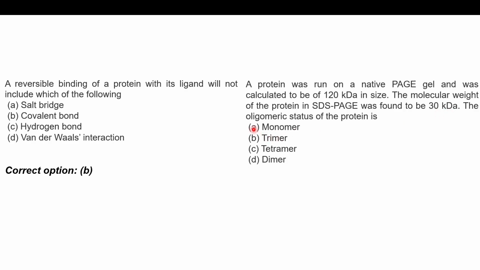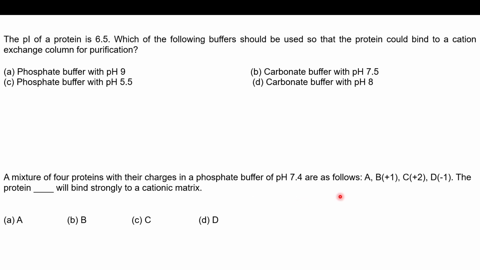So if we have to calculate the oligomeric status of the protein, it will be 120, which is the native PAGE form, divided by the denaturing form which is 30 kDa. So 120 by 30 is 4. Hence it exists as a quaternary structure of 4 units, or a tetramer. So the correct answer will be option C.